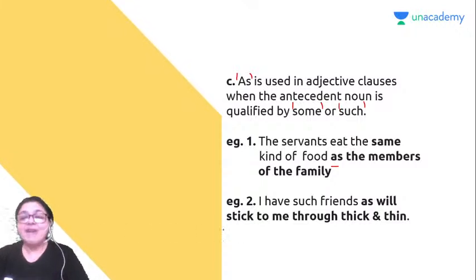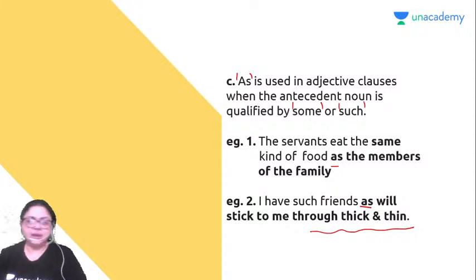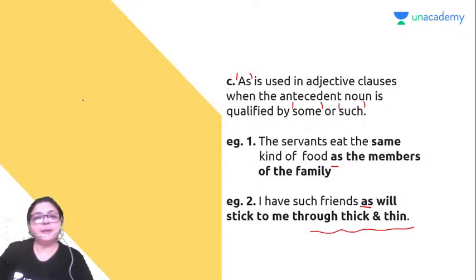Now I have such friends as will stick to me through thick and thin. Now, I hope we all know what is thick and thin. Yes, what is thick and thin?